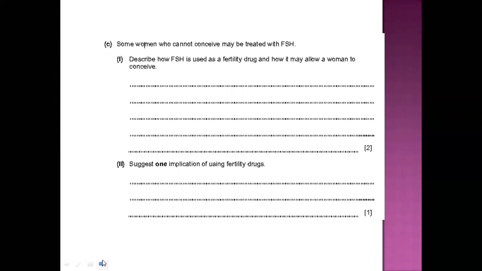Fertility drugs are those drugs given to infertile females to develop a baby. Some females have a hormonal deficiency or some problem because of which they are unable to give birth to a baby. So for that reason, doctors mostly give these females follicle stimulating hormone, which increases the chances of their fertilization.